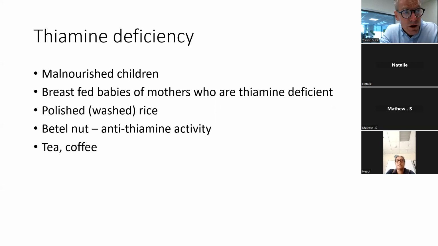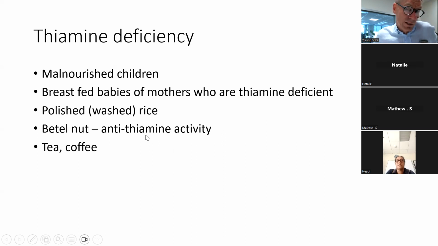And thiamine is found in rice, but it's found on the husk of rice, on the coating of rice, I should say. And when rice is polished or washed, then that can take the coating of the rice off, and then what you're left with is thiamine deficient rice. And so if a parent washes the rice a lot, then that can lead to a diet that's low in thiamine.